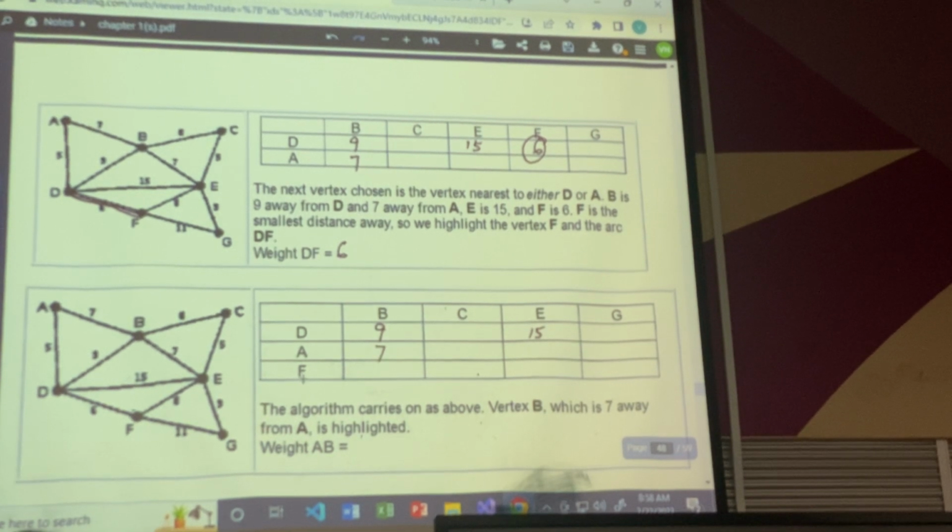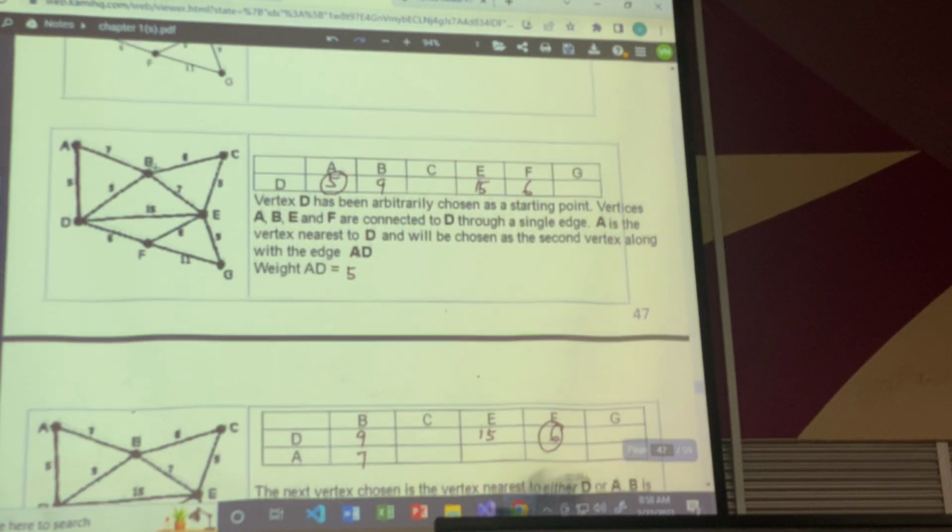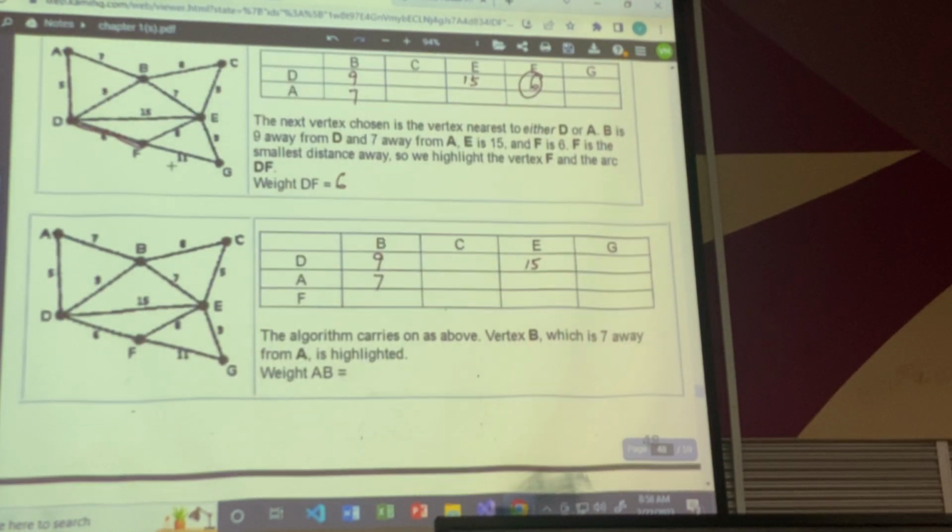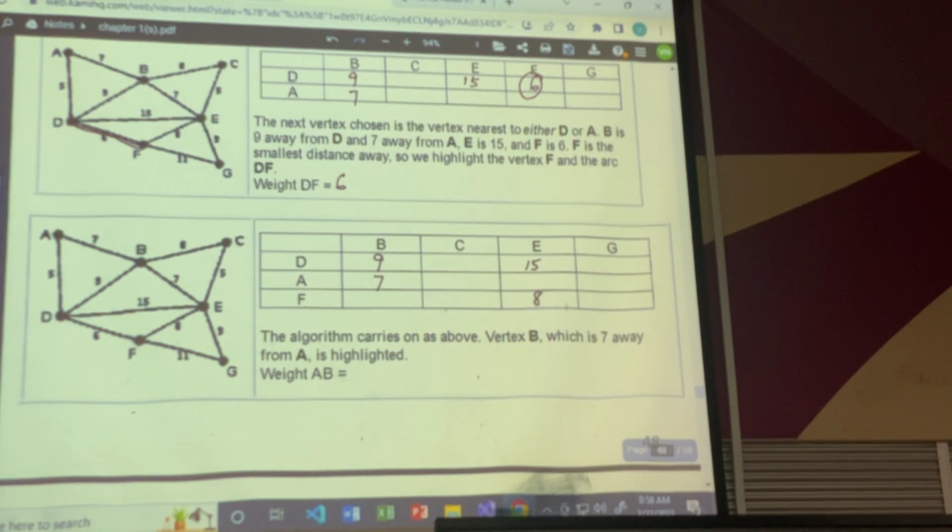For F, you need to check the graph again. F is connected to E and G. F connected to E is 8, and F connected to G is 11.